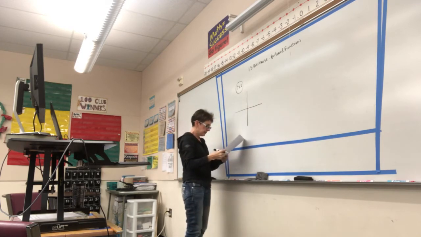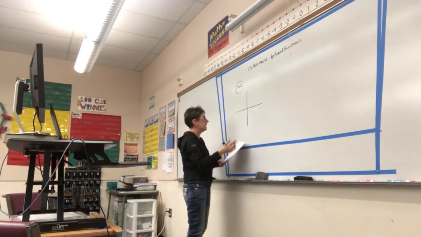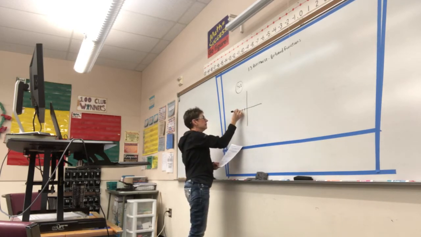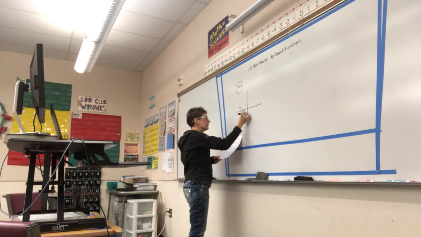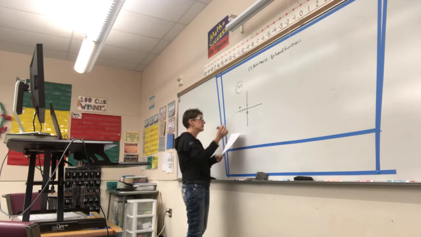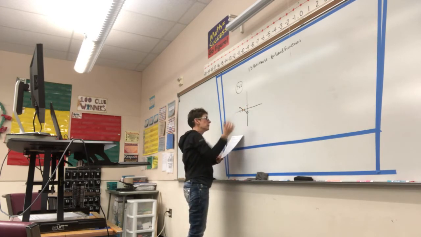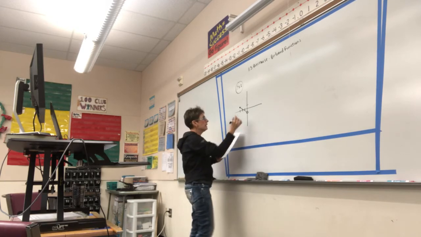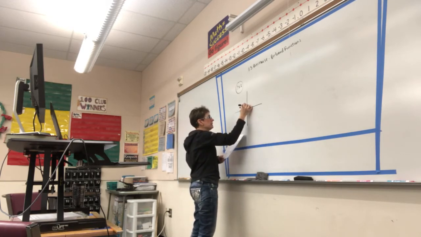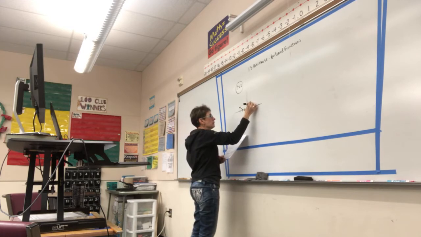put this here. I'm going to have one point be at (-3, 1), and it's going to be a closed circle, and then an open circle here at (0, -1). So that is one piece. Then I'm going to have another piece that goes from here to here.